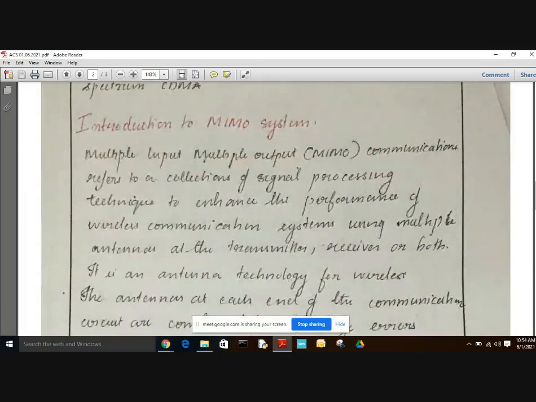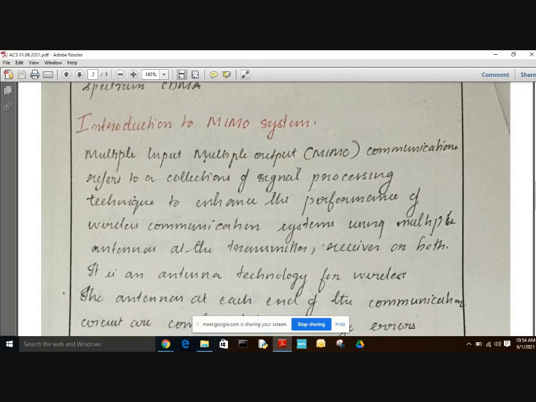As the name suggests, we have multiple inputs and multiple outputs.